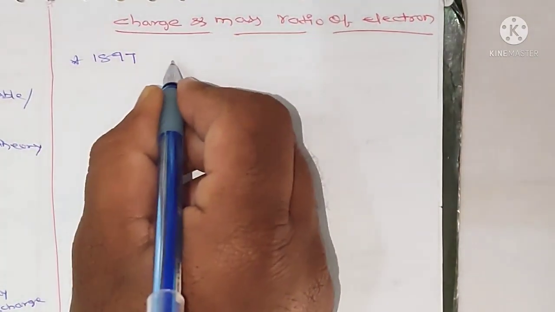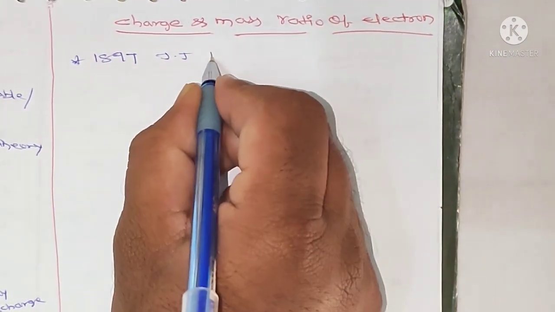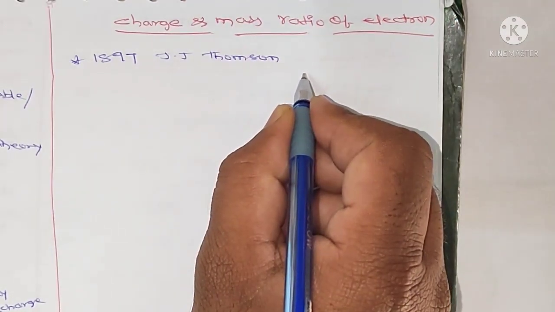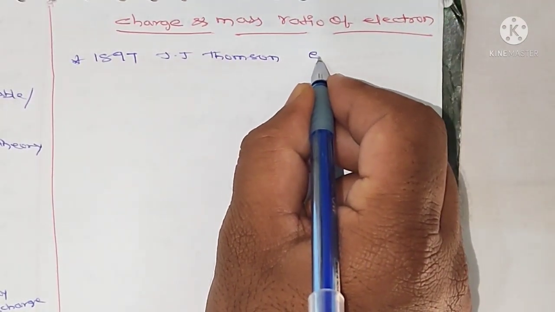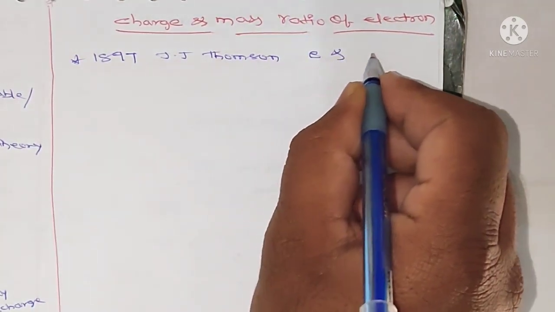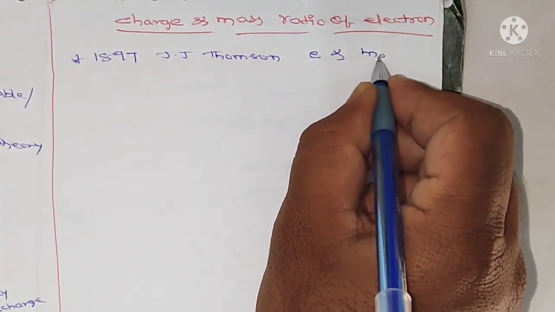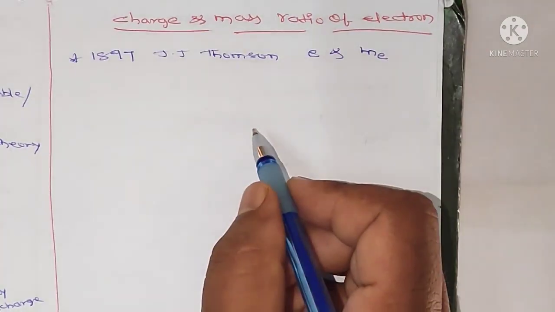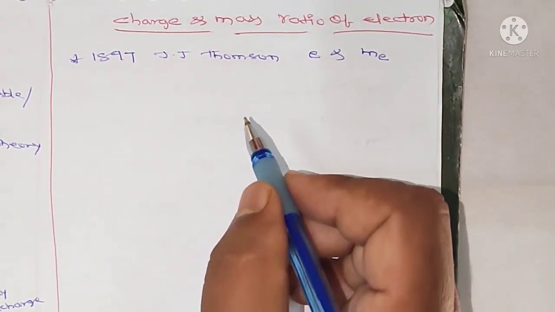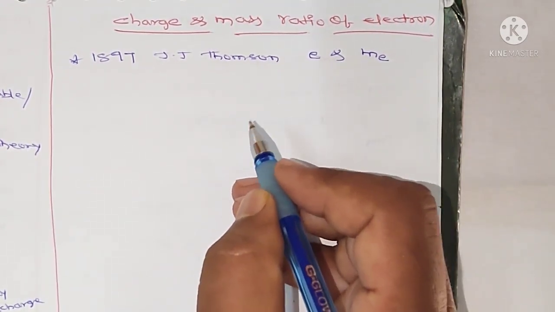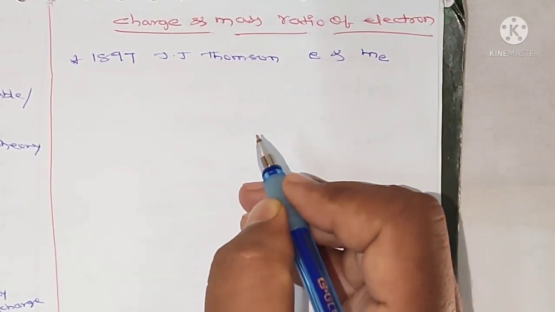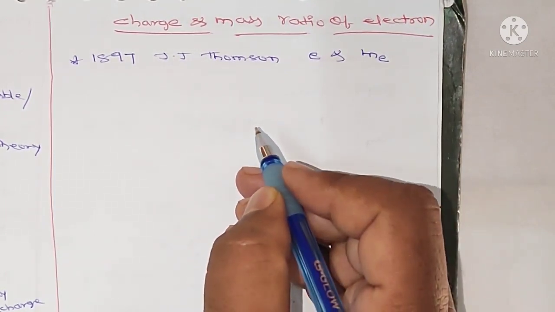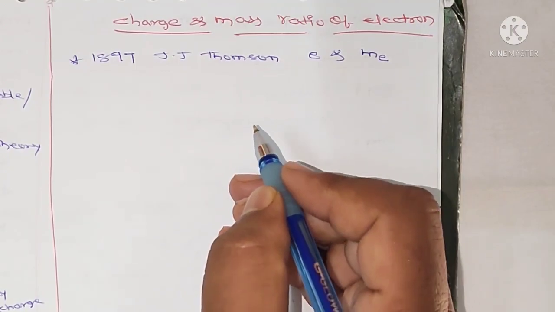In 1897, J. J. Thomson measured the ratio of electric charge, represented by e, and mass of the electron, represented by Me, by using a cathode ray tube and by applying electric and magnetic fields, which are perpendicular to each other, to the path of electrons.